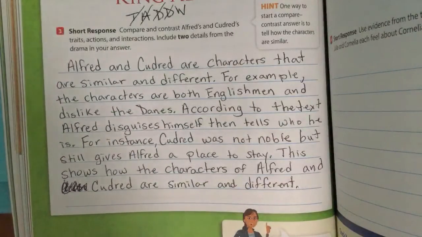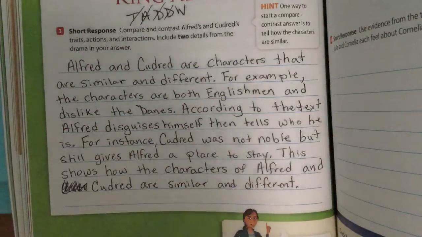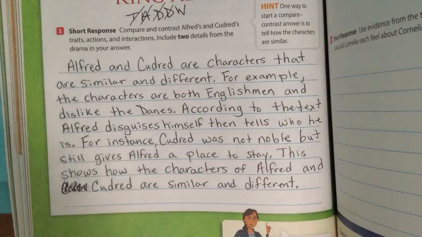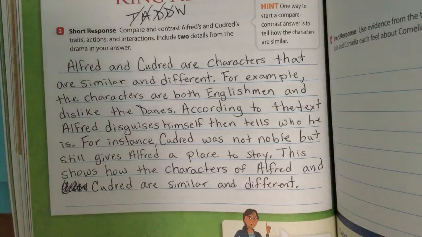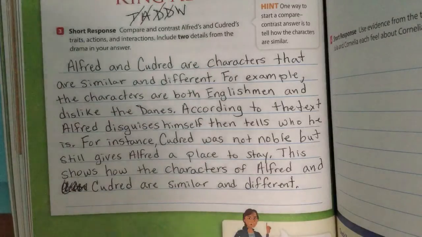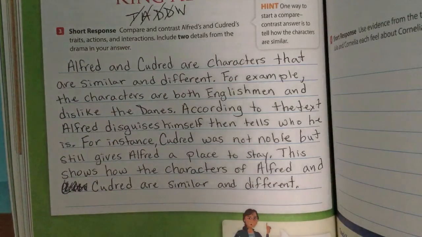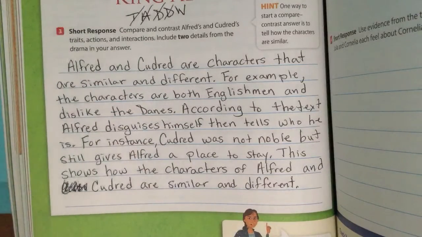Okay. Now, if you feel that you want to include other details, that is perfectly acceptable. There are a lot of different details you could go with. This is just my example of how your question should be laid out. And if you just want to follow that, that is also fine. Okay? So please remember these Ready New York videos will be split into parts. It is very important that you watch both parts because sometimes I do not do the entire thing for you and you will need to finish it out and send it to me.